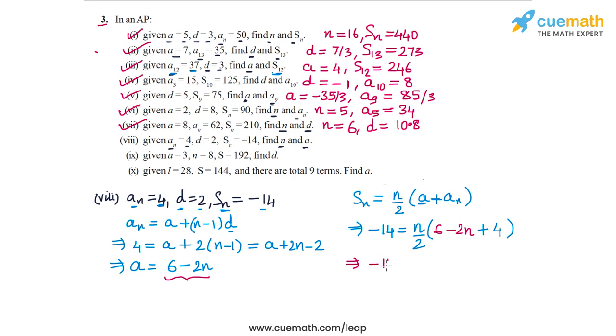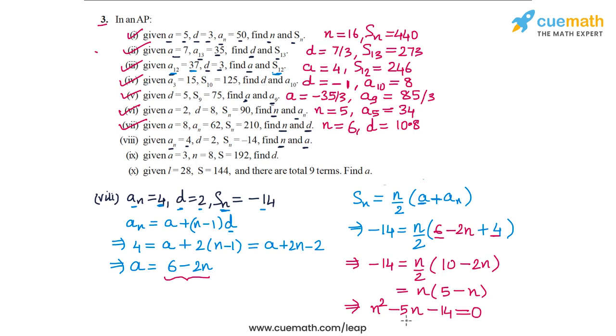So what will we get? We will get minus 14 is equal to n by 2 times 6 plus 4 is 10, so 10 minus 2n, and if we divide by 2 we get n times 5 minus n, and if we now simplify it, we can rewrite this as a quadratic equation in n: n square minus 5n minus 14 equal to 0.